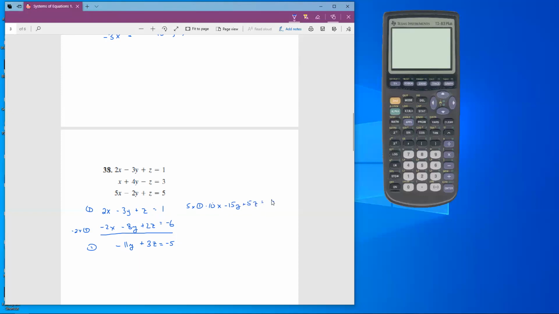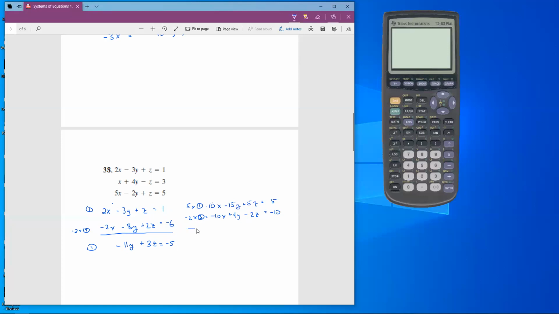And 5 times 1, of course, is 5. And then we're going to do negative 2 times equation 3. Okay, negative 2 times equation 3. So that's going to be equal to negative 10x, okay, plus 4y, okay, minus 2z is equal to negative 2 times that. That's going to give me negative 10.